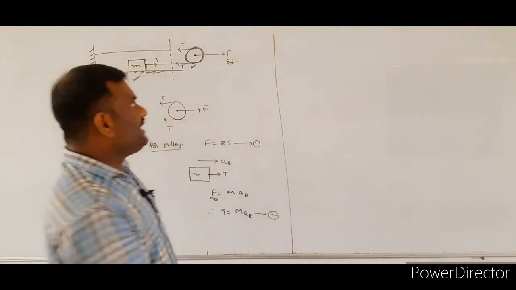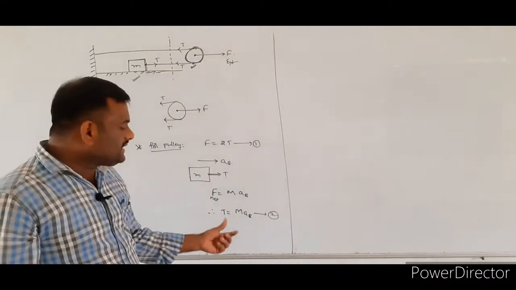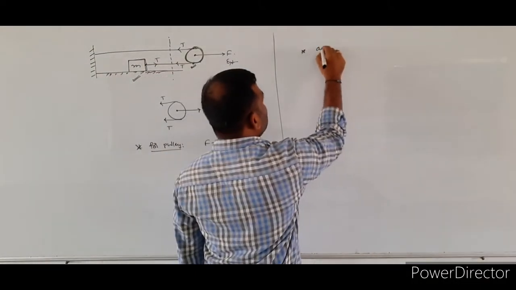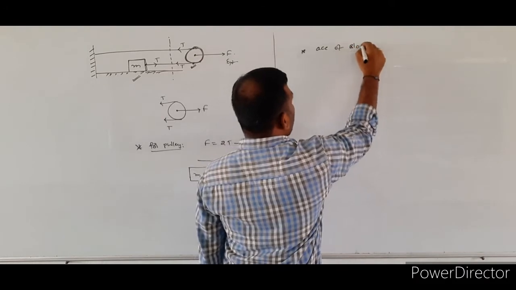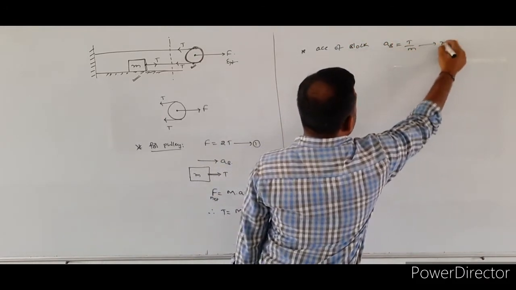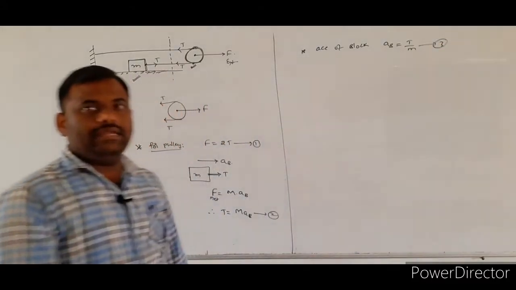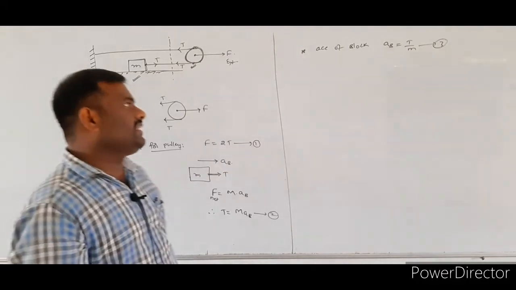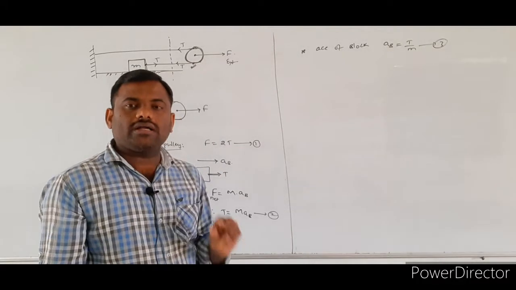From this I will write the expression for the acceleration of the block: A_B is equal to T by M, which represents the acceleration of the block.